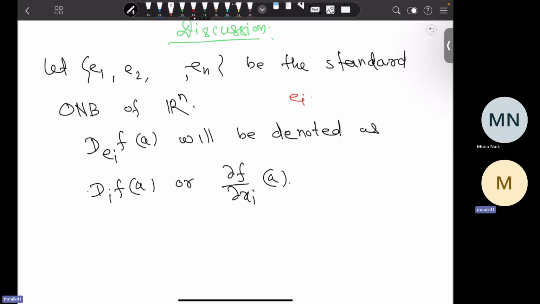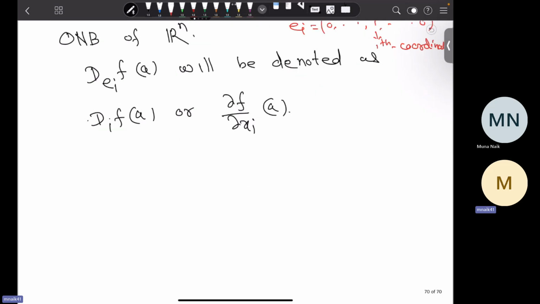So this ei is really 0, 0, ..., 0, 1, 0, ..., 0, where 1 is the ith coordinate.